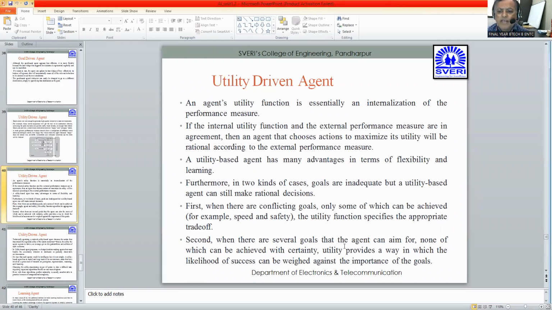First, when there are conflicting goals, only some of which can be achieved. For example, speed and safety, the utility function specifies the appropriate trade-off.